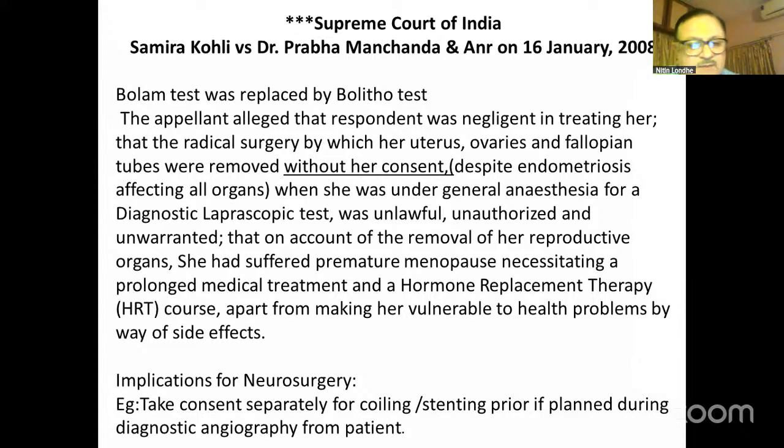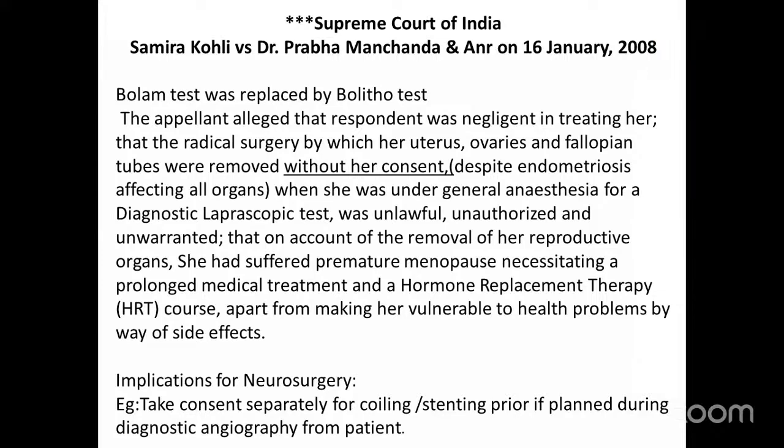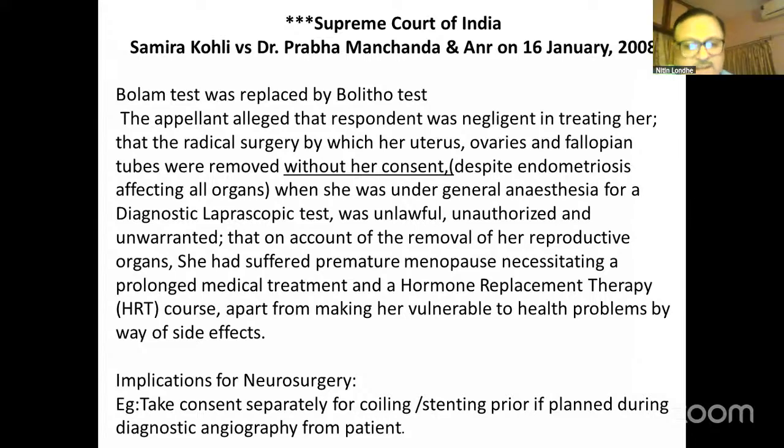Similarly, in spinal surgeries, if we intend to do discectomy, root canal decompression, and fixation, it is essential that we take consent for everything separately, and the patient should be informed prior to surgery. It should not be that decompression is the only procedure mentioned, and then we go ahead with decompression, fixation, or interbody fusion. All that has to be properly explained and consented for by the surgeon.